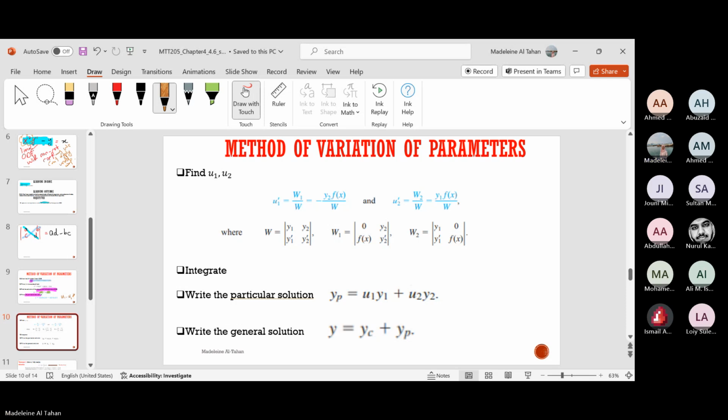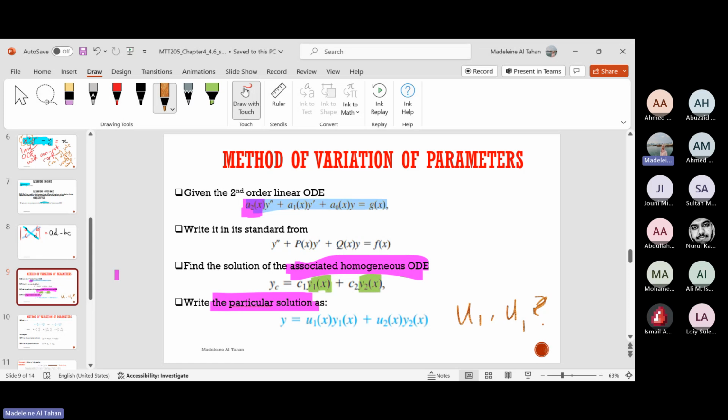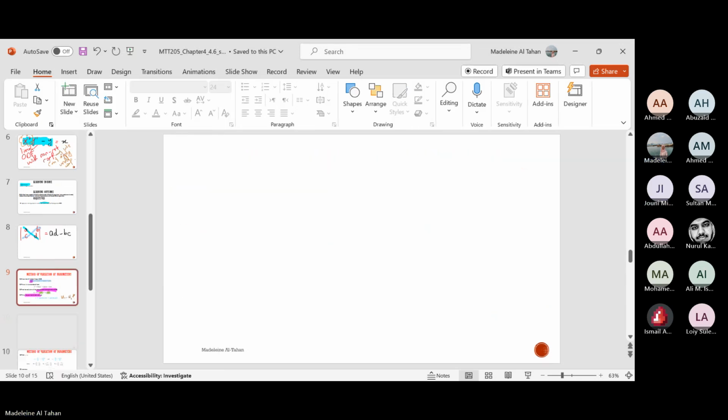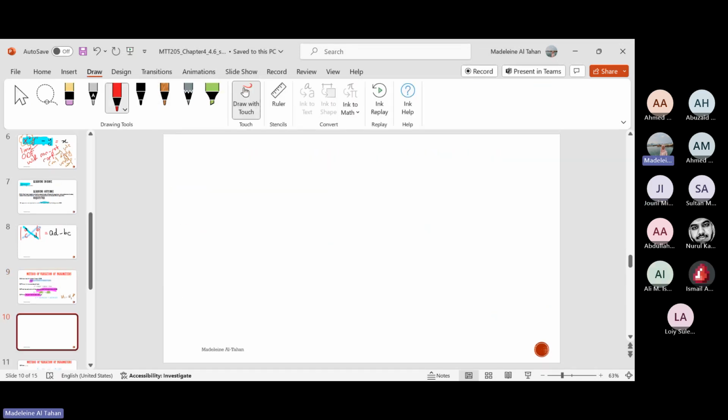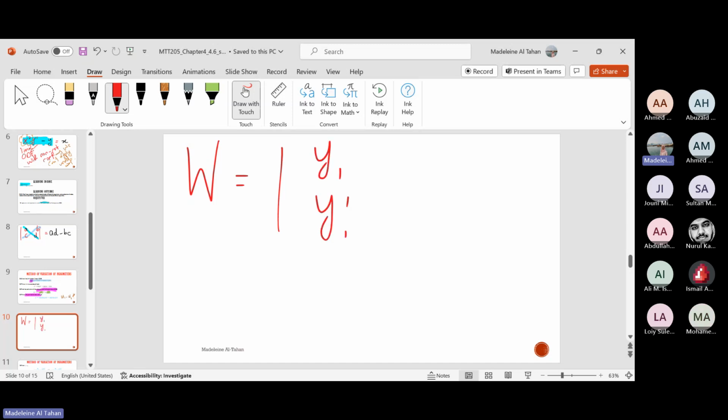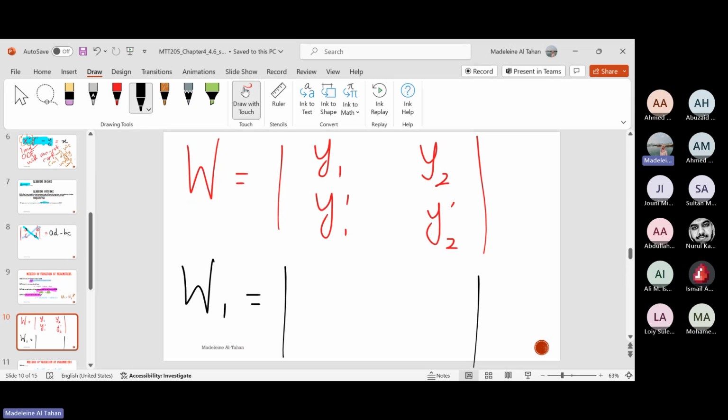It is W1 over W, and u2 prime is W2 over W. But what's W? Do we still remember the Wronskian, miss? Wronskian. Yes. Okay, so what's the Wronskian here? The Wronskian is y1, y1 prime, y2, y2 prime. Miss, we need W1. You will copy again.